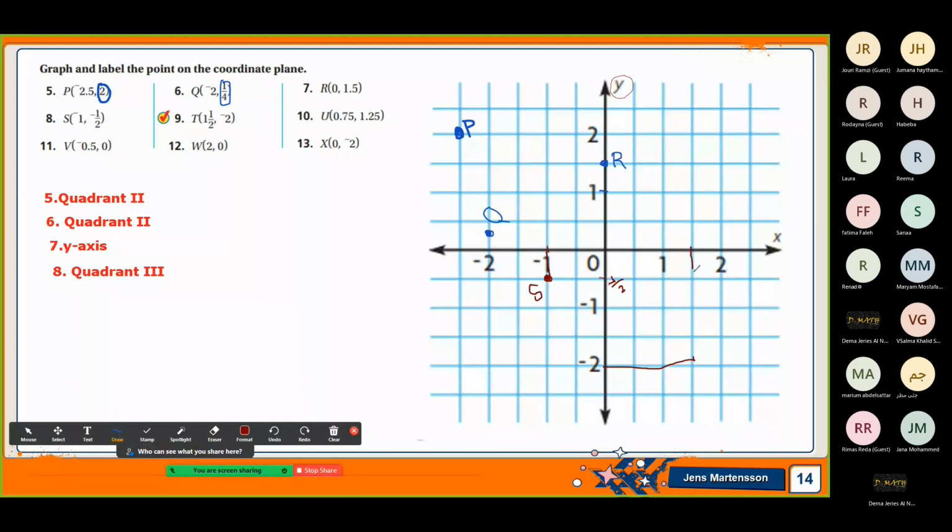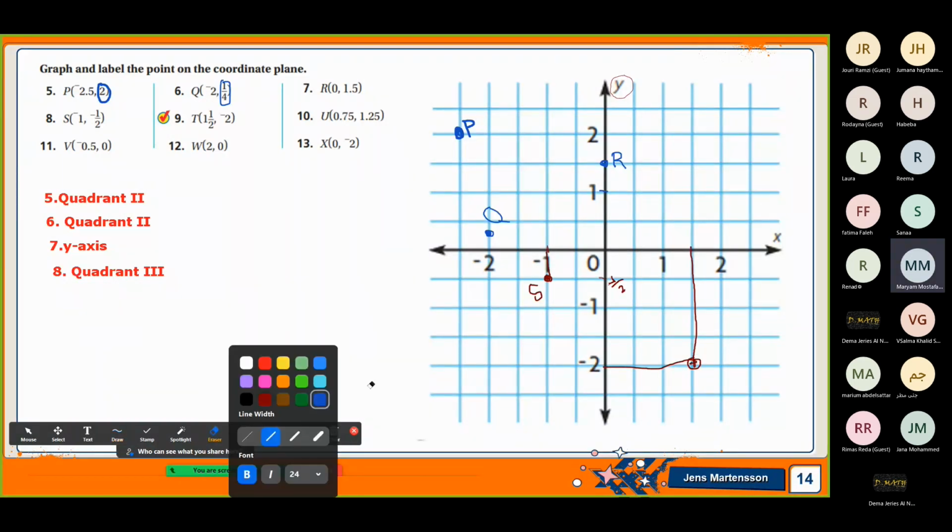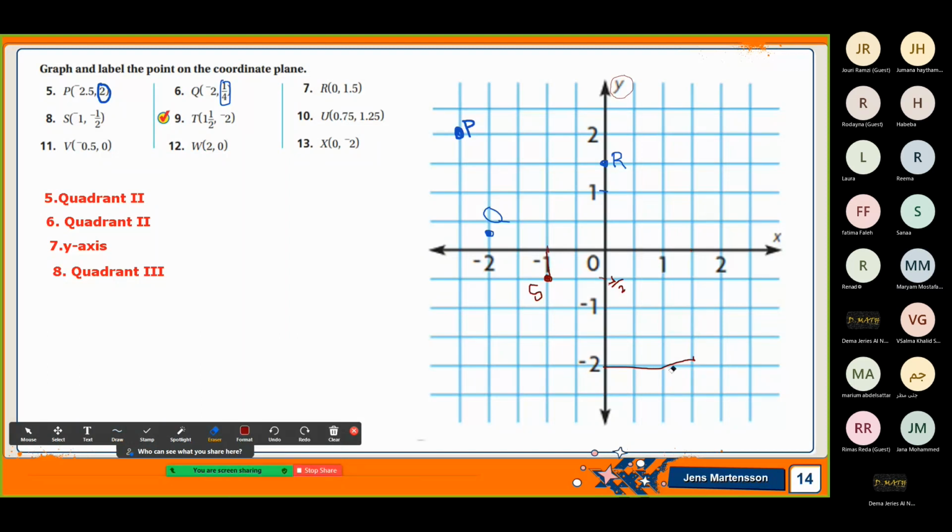It's between this one and this one. So here it is. Yeah, it's right. Now, in which quadrant here, Mariam? It's in quadrant 4. Thank you. So number 9, it's in quadrant 4.